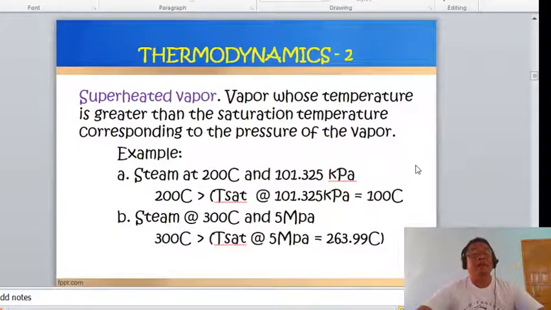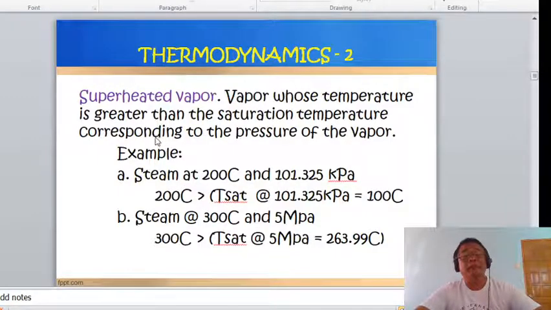Another is superheated vapor: vapor whose temperature is greater than the saturation temperature corresponding to the pressure of the vapor. Another example is steam at 200 degrees Celsius and 101.325 kilopascal. 200 degrees Celsius is greater than the saturation temperature at 101.325, which is 100, as previously shown.